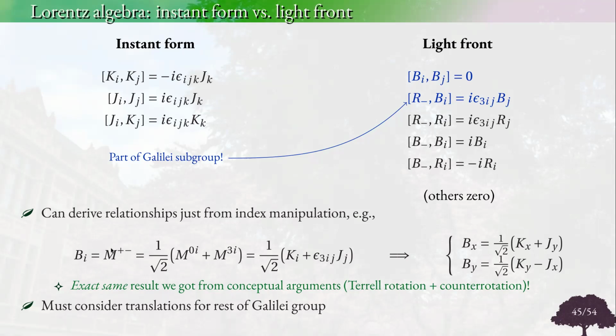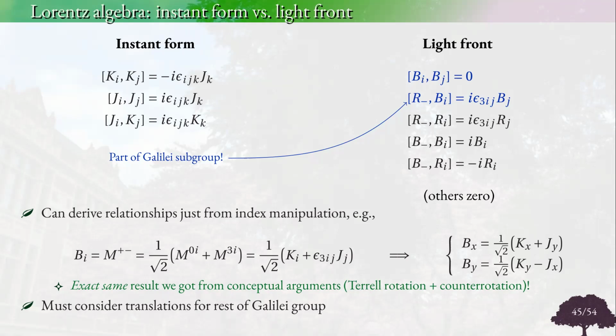Well, you can write m plus i as m0i plus m3i over the square root of 2. m3i can be written in terms of your rotation generators, and you end up getting exactly these same formulas that you got conceptually just from doing index manipulation.